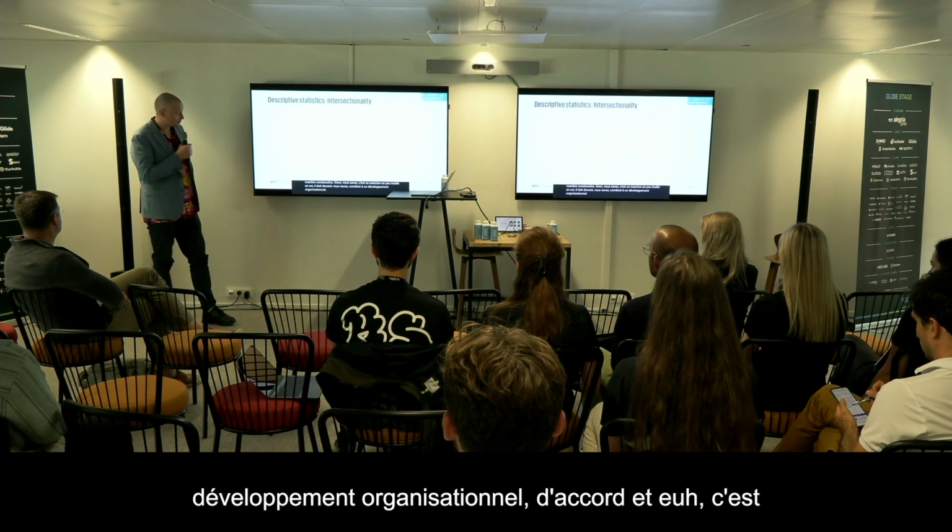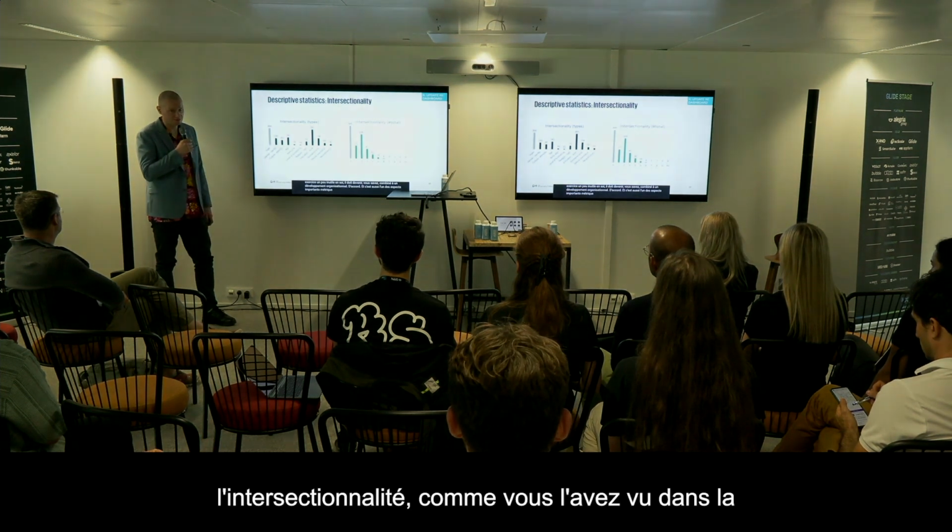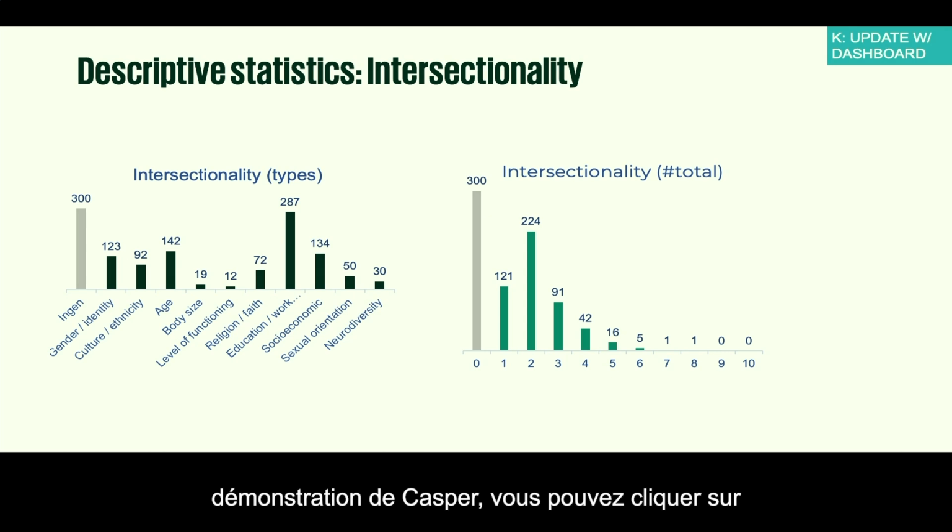This is also one of the important metrics: intersectionality. Like you saw in Kaspar's demonstration, you can click on several types of category at once, so one person might have several degrees of diversity. I'm half Polish, but I also have a different educational background from most places I've worked, and I can stack that on top of each other.